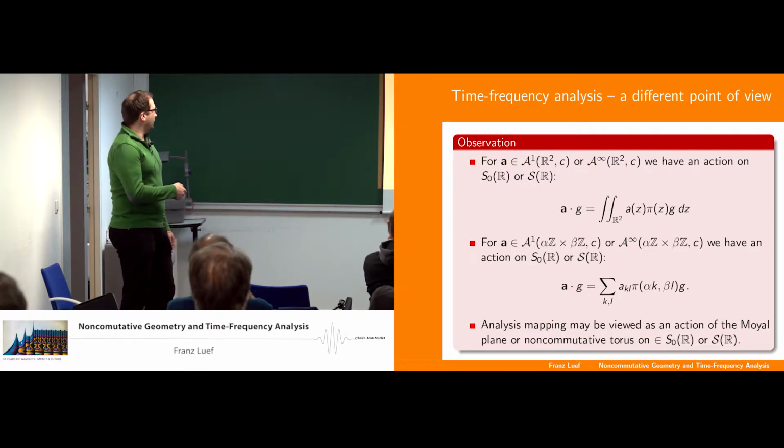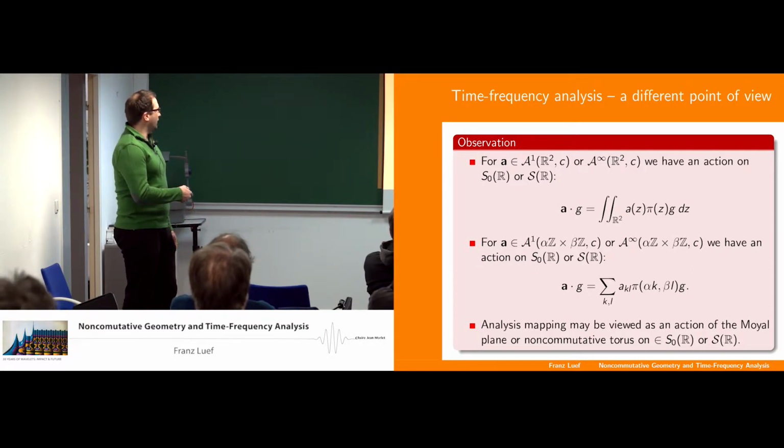So in this way you let these subalgebras of the compact operators act on functions in S0 or Schwartz, and this will again give you a Schwartz function or an S0 function, and similarly in the discrete case. So by rewriting what the synthesis operation is, you end up looking at operator algebras.